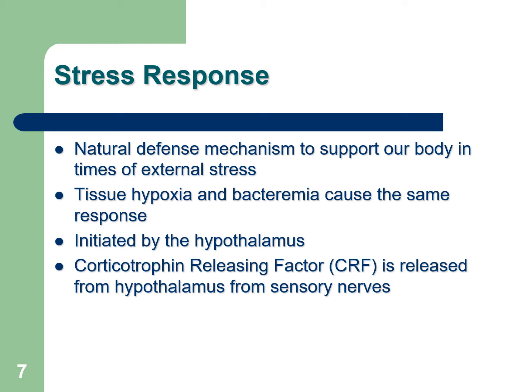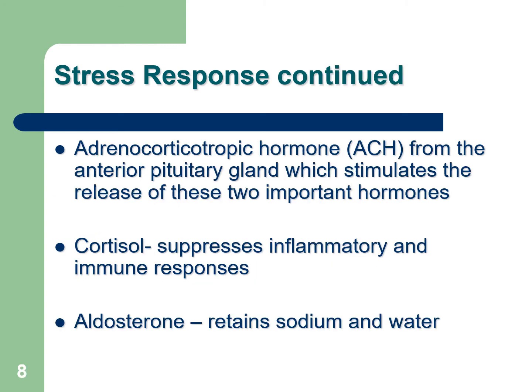And I want to tell you a little bit about how it actually works. It's initiated by the hypothalamus, and then the hypothalamus releases a hormone called CRF, which is released from the sensory nerves. The pituitary gland secretes a very important hormone called ACTH. When ACTH is produced, it further stimulates the production of two other hormones, one being cortisol and the other one being aldosterone.